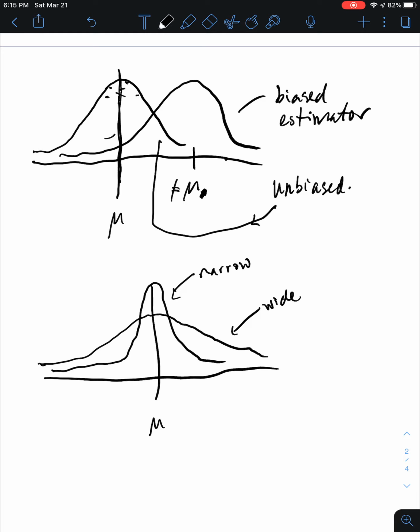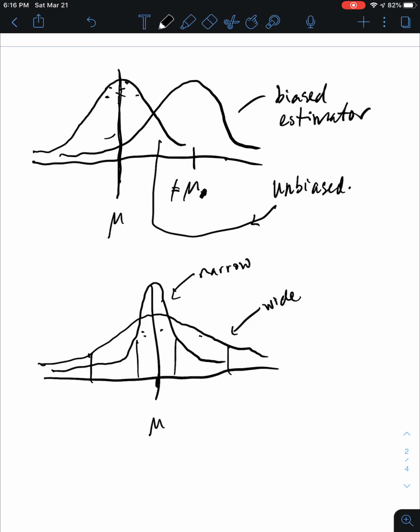And clearly the narrow estimator is going to be better, because if I do one experiment, I am at least 68% likely to get within this narrow range of the actual mean. Whereas if you're using a wide estimator, then you're going to be, say, 68% or 95% or whatever we decide, likely to be in this much wider range.